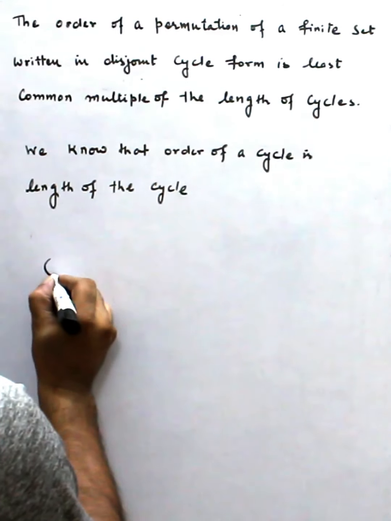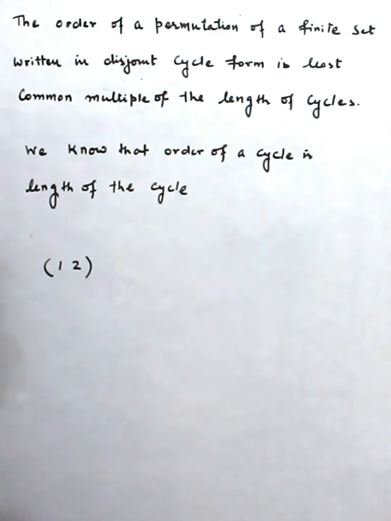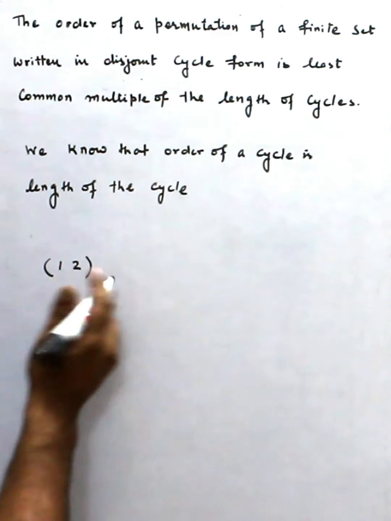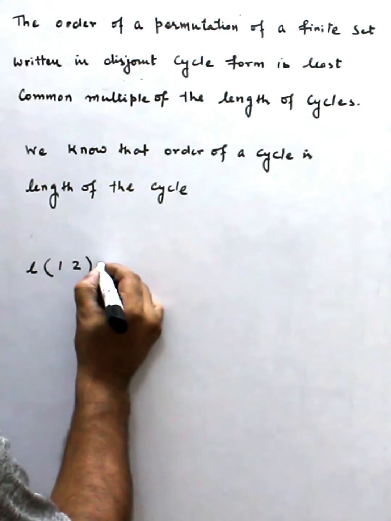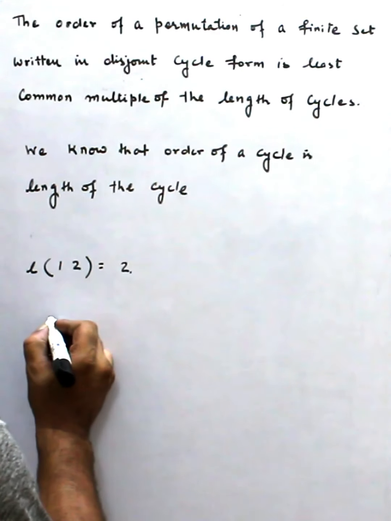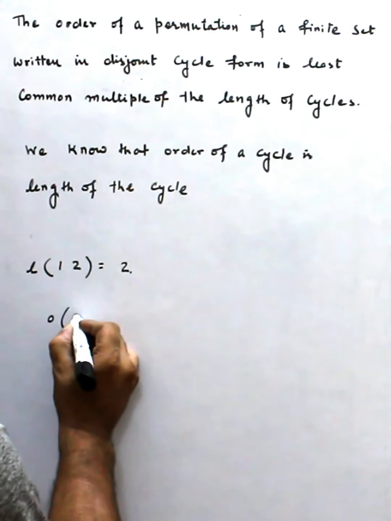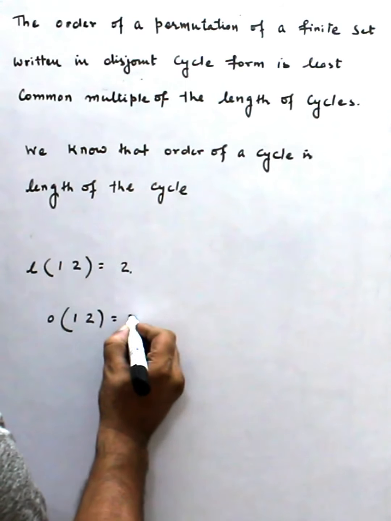Like if it is defined on 2 elements, then the length of this cycle is 2, and I say the order of this cycle is also 2.